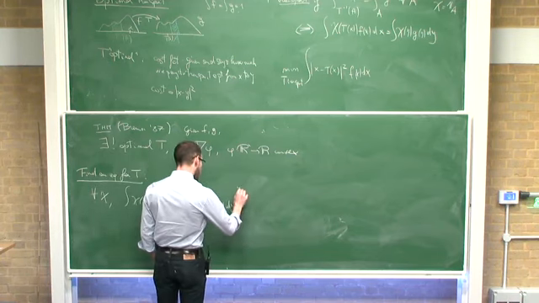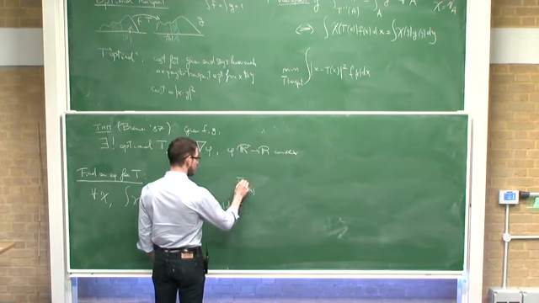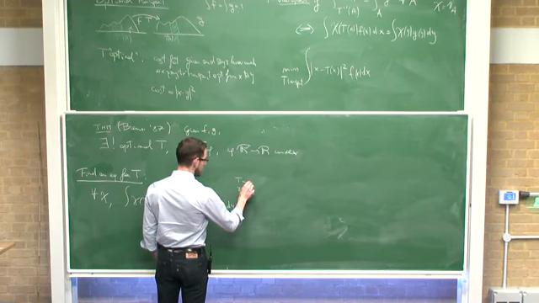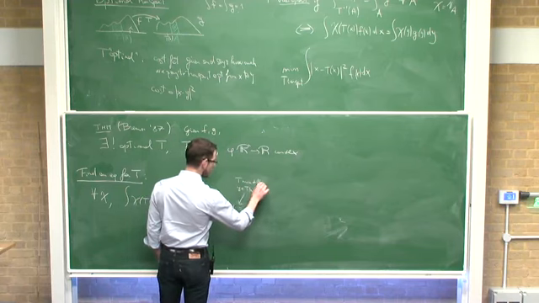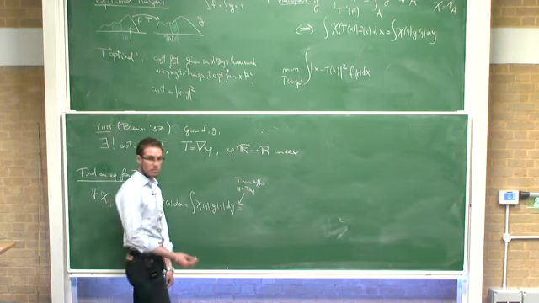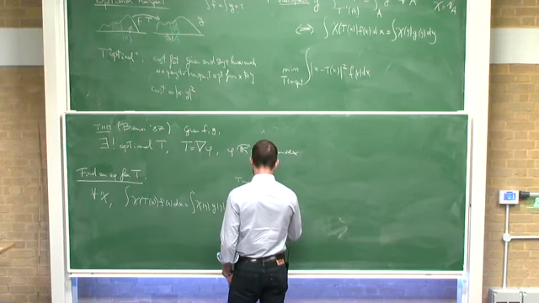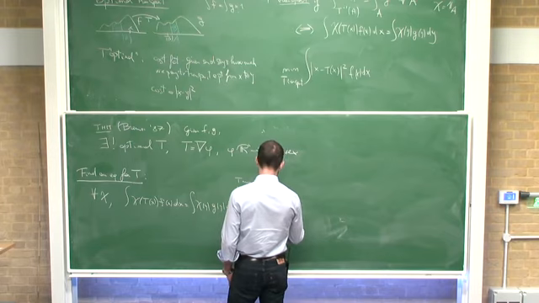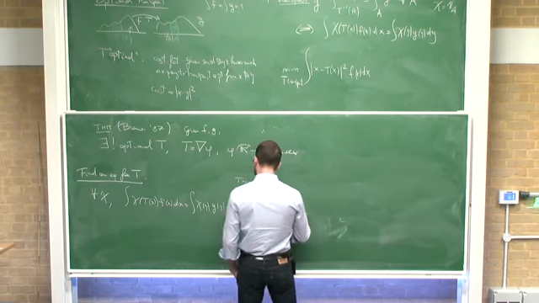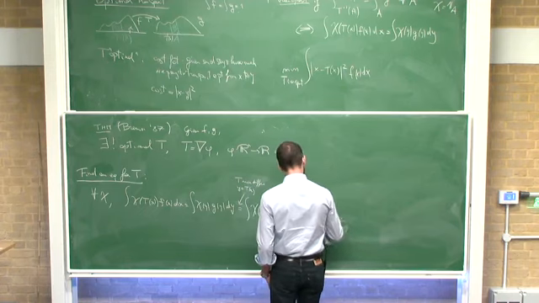Now assume we perform the change of variable y equals T of x, and assume that T is a nice diffeomorphism for a second. Then you can just do the change of variable, and you get that this is equal to the integral of Q of T of x, g of T of x, determinant of grad T of x dx.